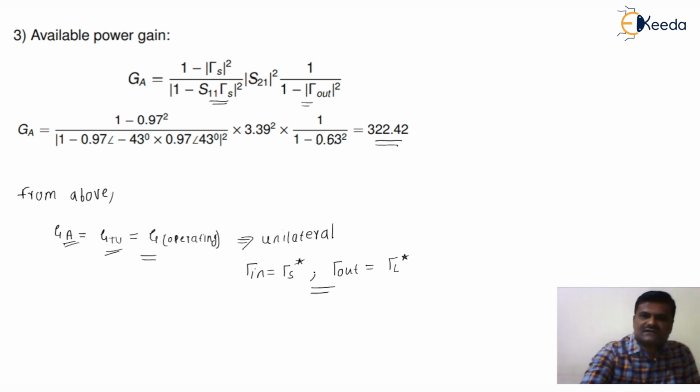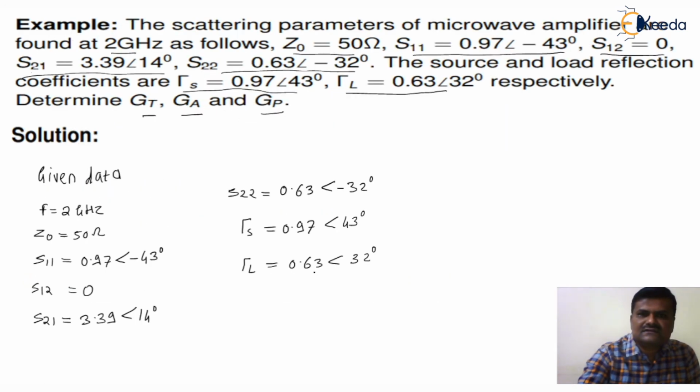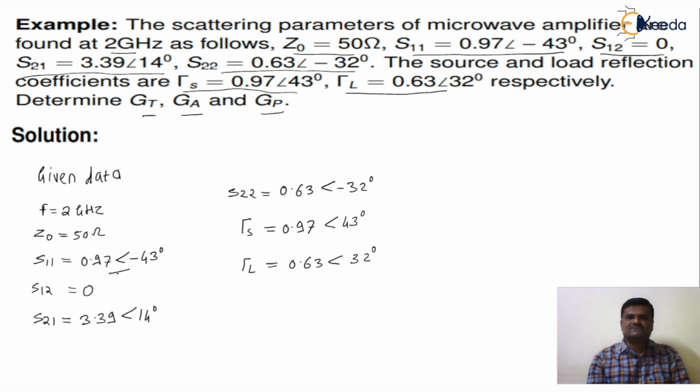If you see in the given data, here gamma in is 0.97 angle minus 43 degree, and here it is 0.97 angle 43 degree, meaning that gamma in is the complex conjugate of gamma S. And for the second term, S22 is 0.63 angle minus 32 degree, and gamma L is 0.63 angle 32 degree.